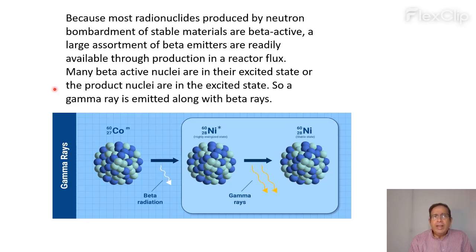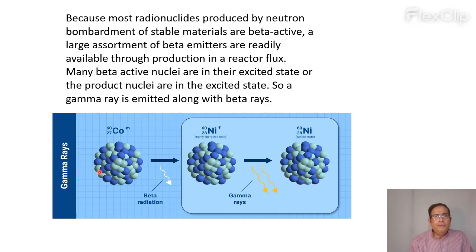So in a nuclear reactor, the materials produced through neutron bombardment are generally beta active, and they are also in the excited state. So those nuclei are not in the ground state. They not only emit a beta particle because they are unstable, but also since they are in the excited state, they fall to the ground state and in the process produce a gamma ray.